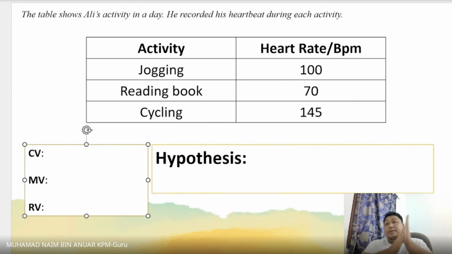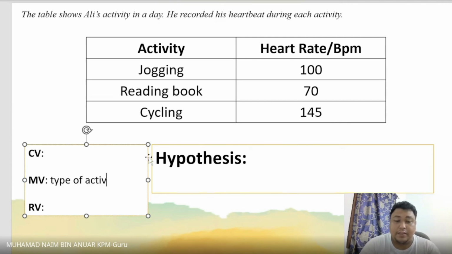Remember what I said about tables. On your left side is MV. On your right side is RV. So the left side is the activity or type of activity. RV is the right side, your heart rate.